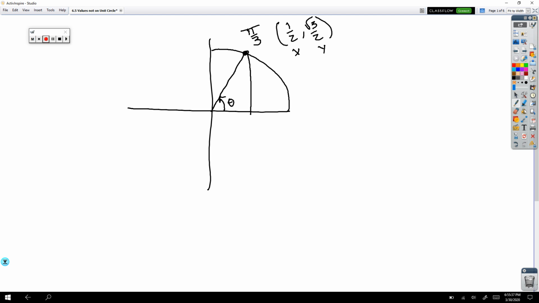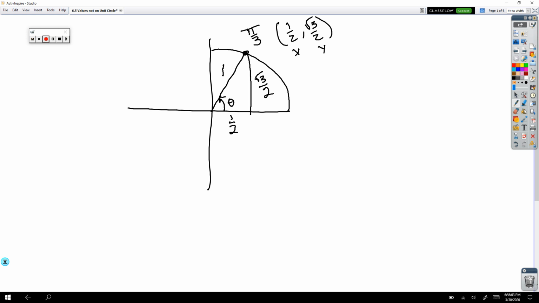So in terms of the triangle, the x distance was 1/2 and the y distance was the square root of 3 over 2. And my hypotenuse is really just the radius of the unit circle. And the radius of the unit circle is always 1. So what we're going to look at today is when I have values that aren't on the unit circle.